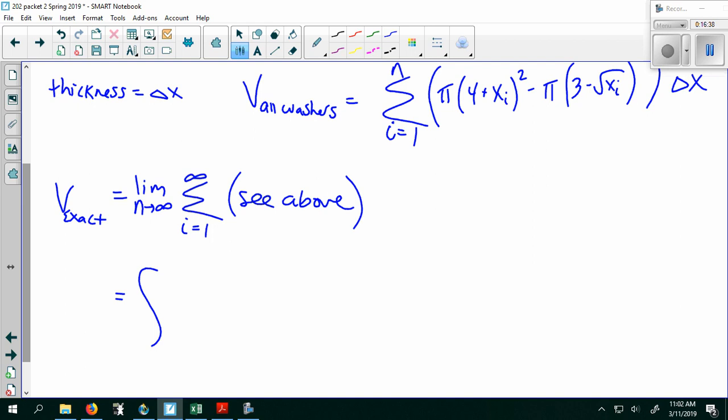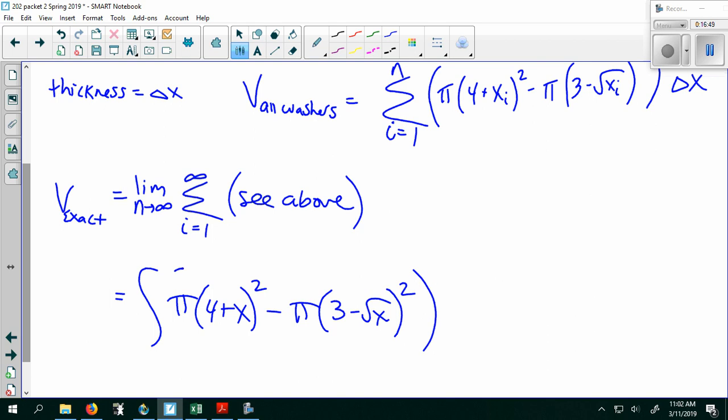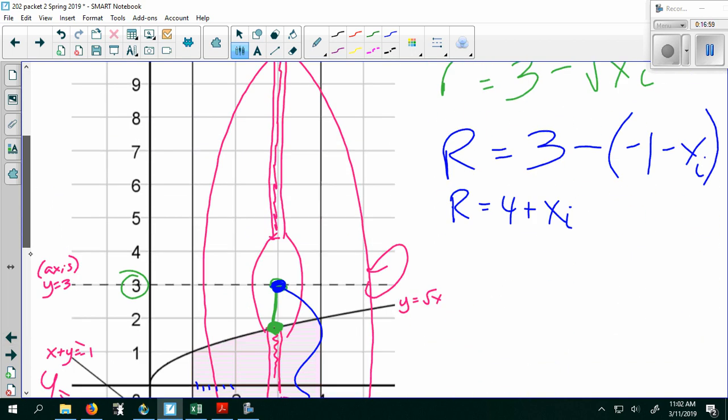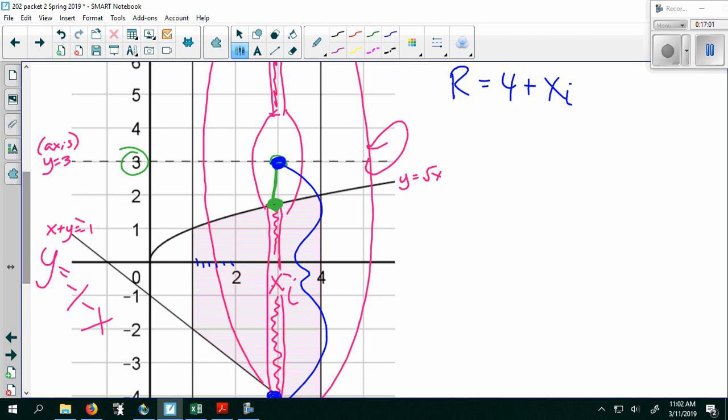So this becomes pi times (4 plus x) squared minus pi times (3 minus root x) squared dx. And then my bounds of integration are where I'm stacking these washers. I'm starting them at x equals 1, and I'm stacking them up until x equals 4.